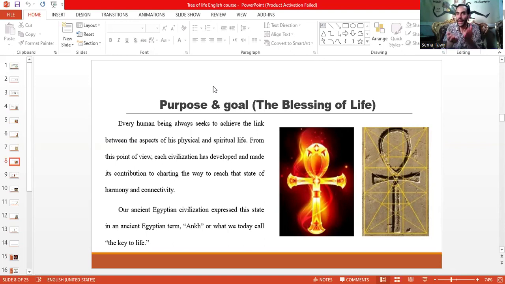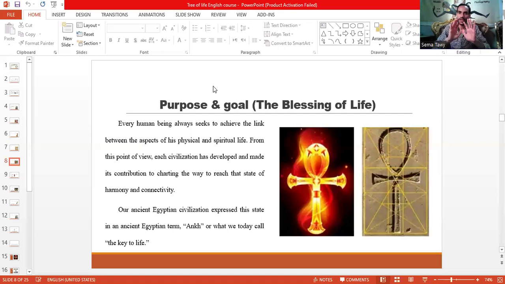If you make balance between them, in this case only, you can live your life in blessing. You will feel the blessing of life.